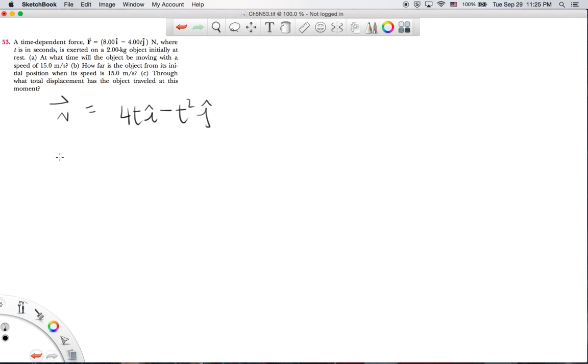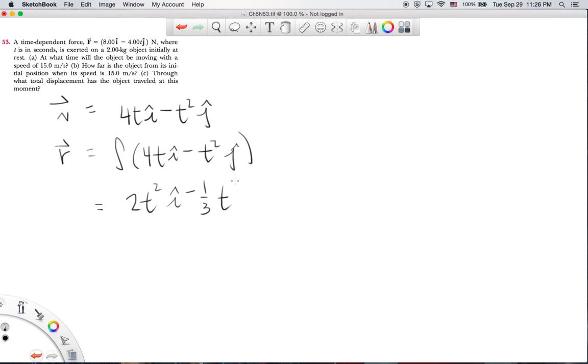So the position vector r is going to be the integral of 4t i hat minus t squared j hat, and so this equals 2t squared i hat minus 1 over 3 t cubed j hat.